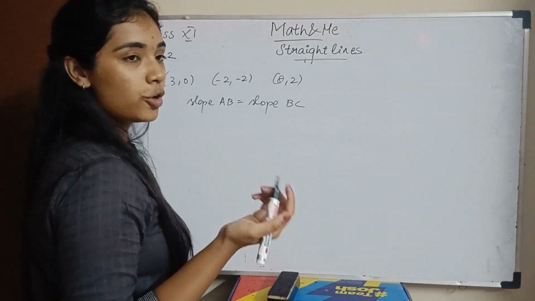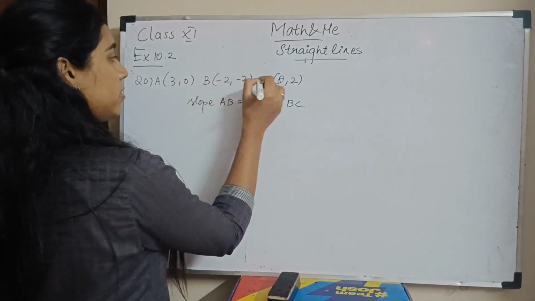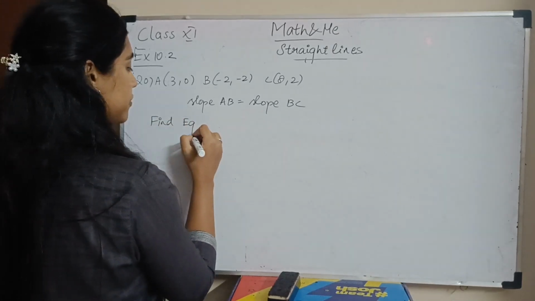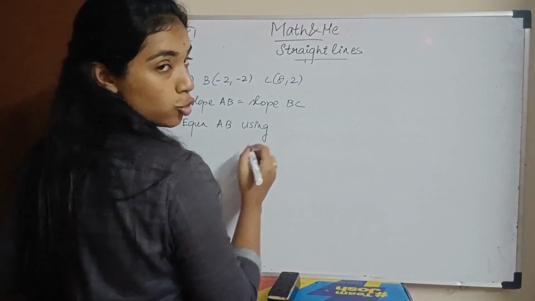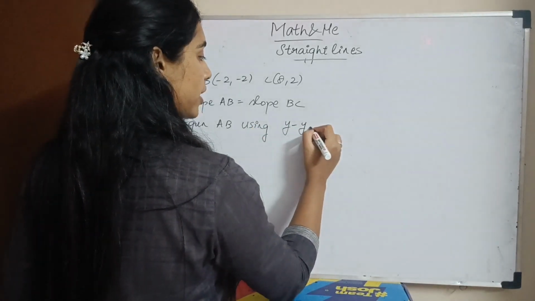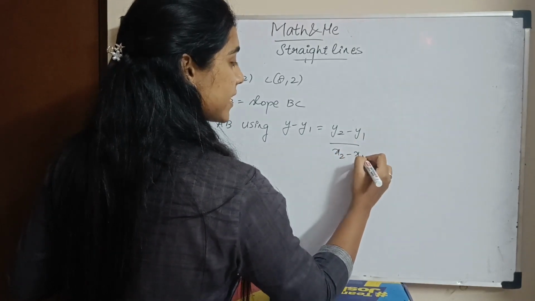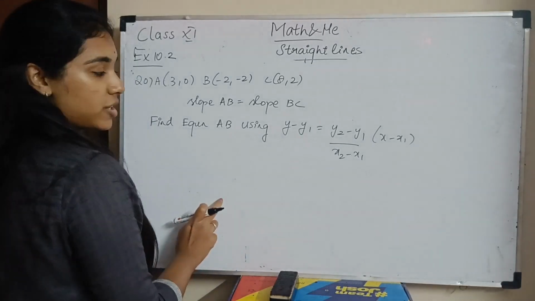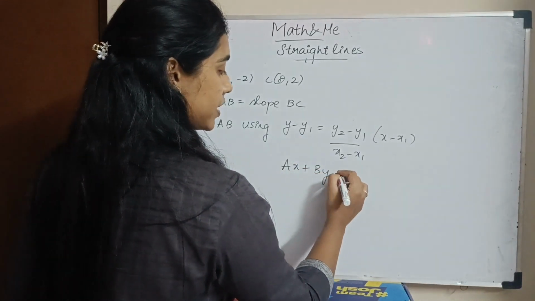How do you prove this by using the equation? So you take A and B, you find the equation of AB using 2-point form. What is it? y minus y1 equals y2 minus y1 divided by x2 minus x1 times x minus x1. You'll get an equation in terms of x and y.